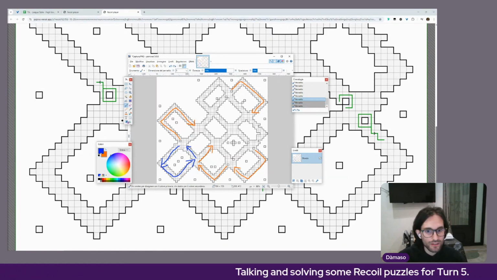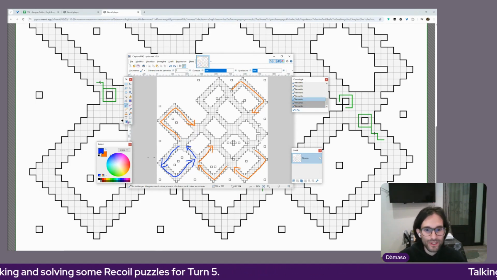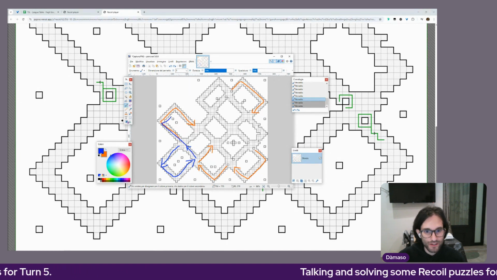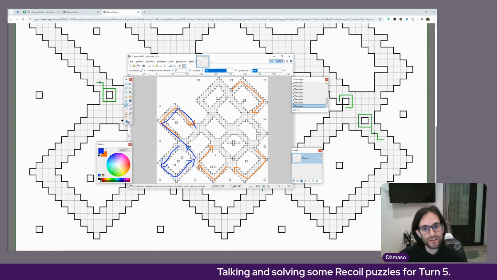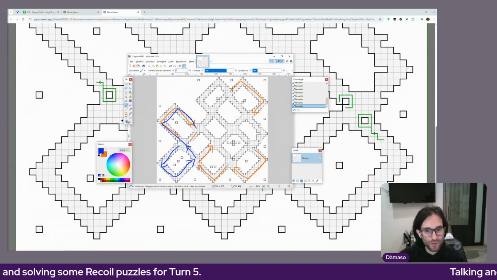So this means that I must finish here. So I'm doing a terrible thing that is connecting this way. I think you see, right? So the puzzle must end here, this way.